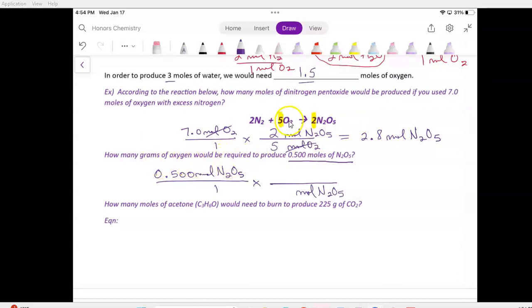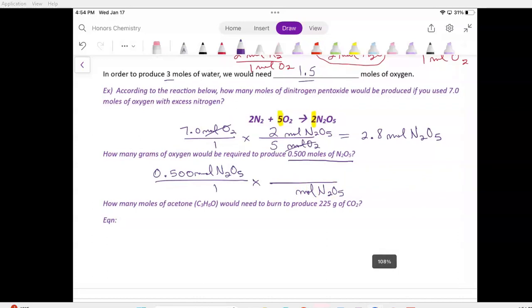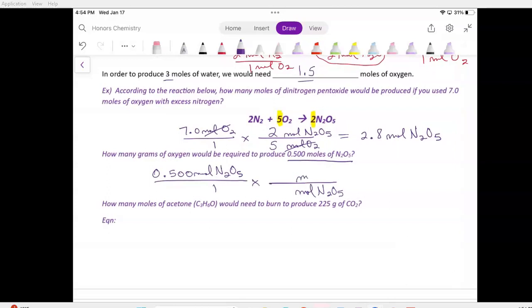And there's a 5 in front of oxygen, but that's not grams, right? That's moles, all right? So whenever we have grams in a conversion for an element or a compound, then we're going to go to the periodic table for that. But we can't do it in just one step. We're going to have to go from moles of N2O5 using the balanced equation. We're going to this time go to moles of oxygen.